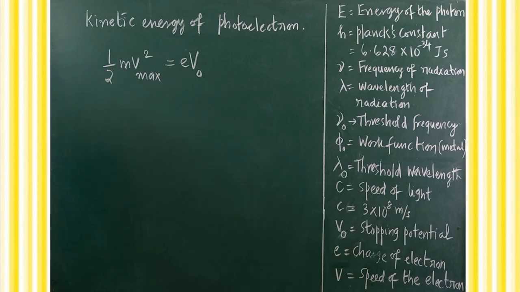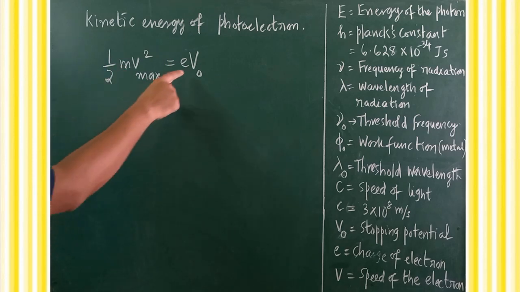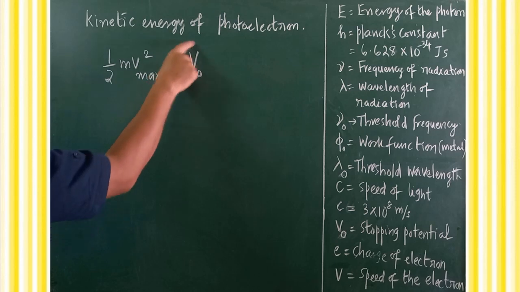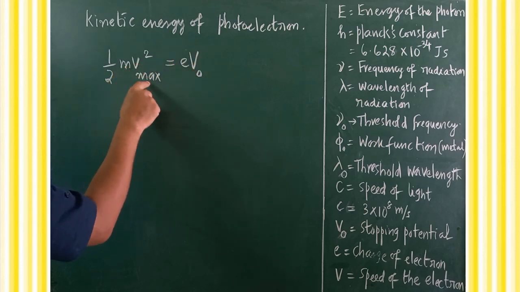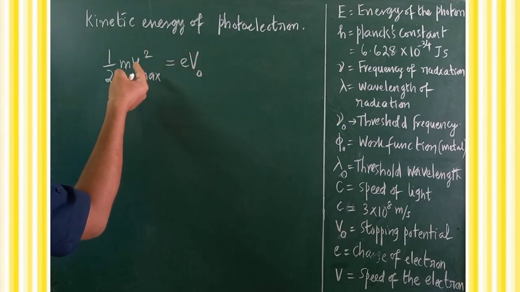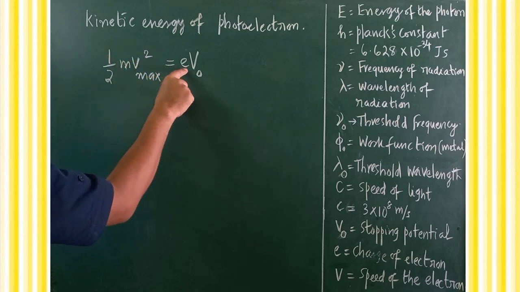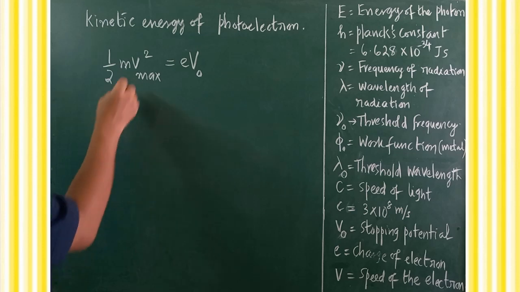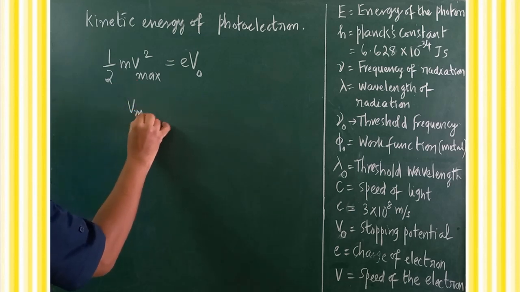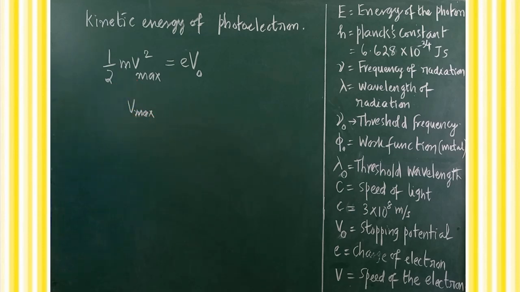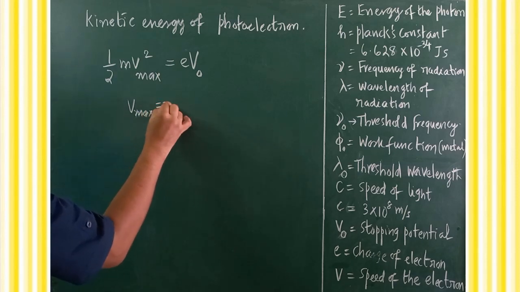So this is a very important formula. Wherever eV naught appears, you can replace eV naught with half m v max square, or wherever half m v max square comes, that factor can be replaced with eV naught. Are you clear? From this simple formula, we can get another formula to calculate the maximum velocity of the photoelectron. V max is equal to, how will you write?